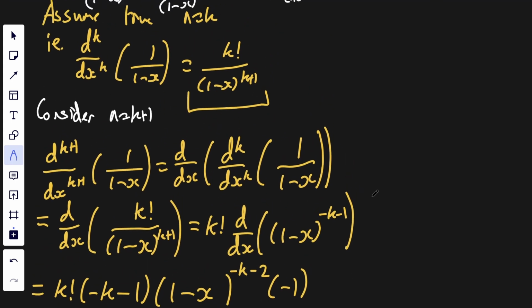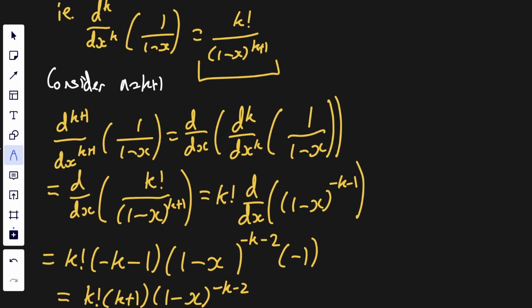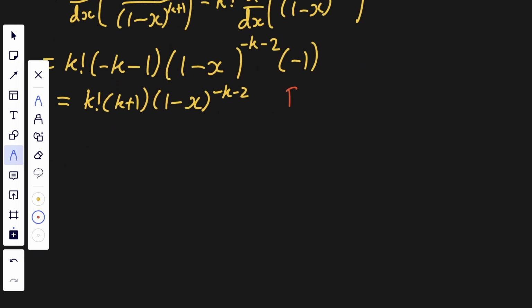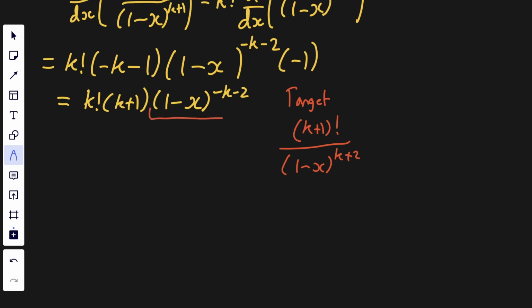This example is not too bad. Now our target, which I'm going to write down on the side here, is if I was to replace k with k plus 1 in our expression on top. So k plus 1 factorial over (1 minus x) to the k plus 2. Now clearly by converting our expression to a fraction, we're going to get (1 minus x) to the k plus 2. So we get something over (1 minus x) to the k plus 2.